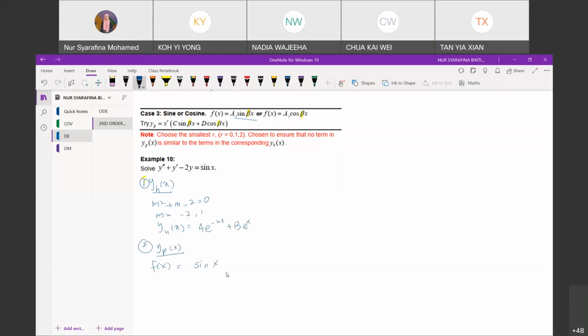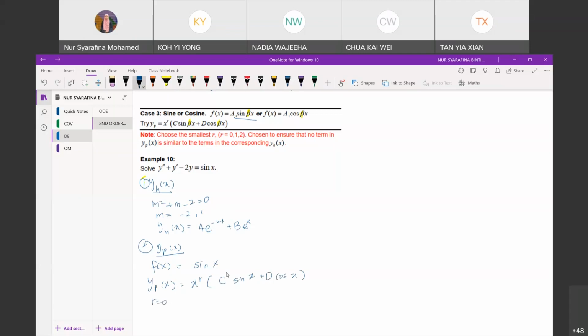When your function is sine x, then your yp equals x to the power of r, times c sine beta x, where beta here equals 1, plus d cos beta x. Then start identifying the similarity between yh and yp.